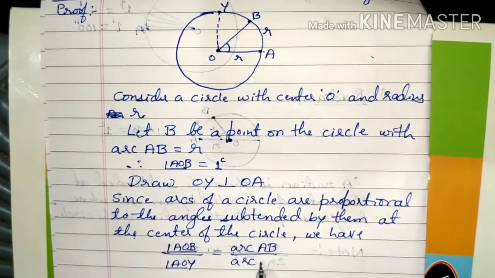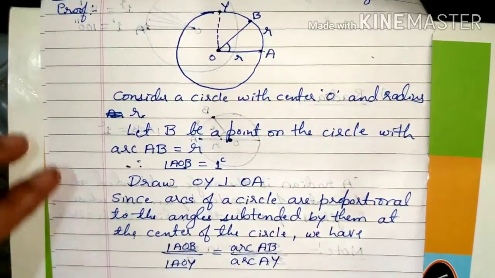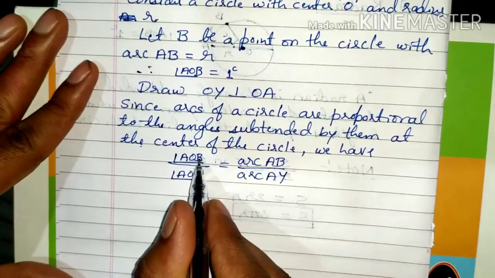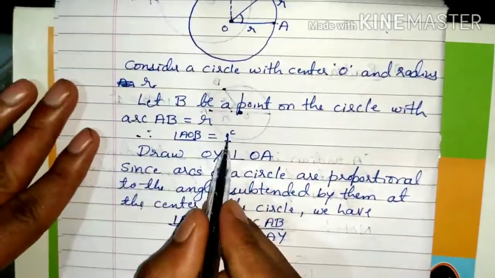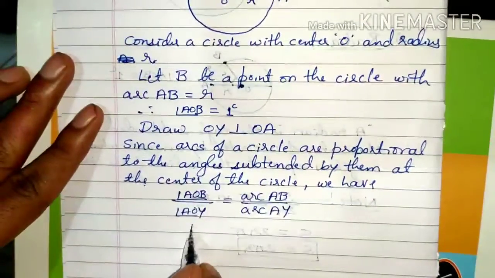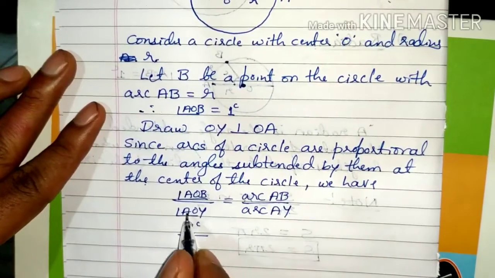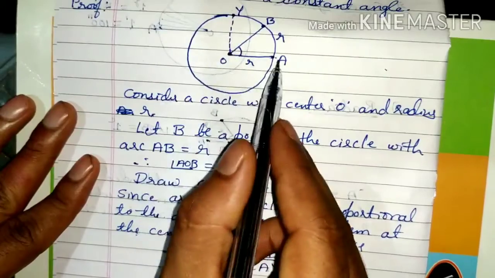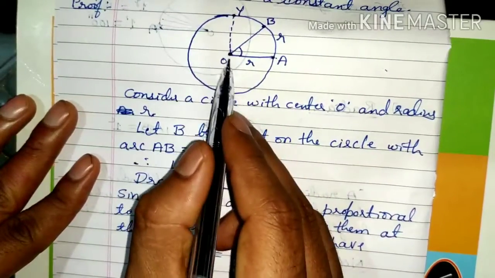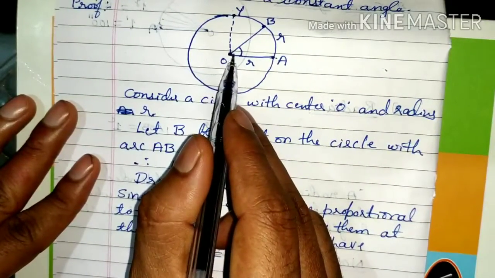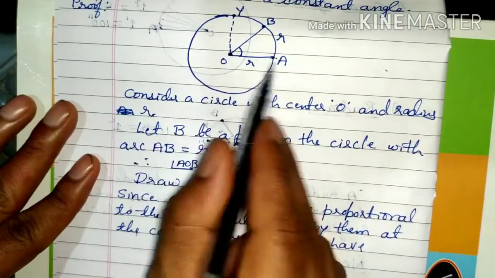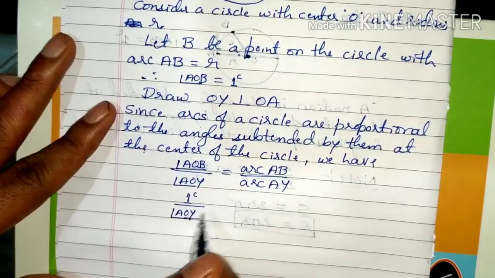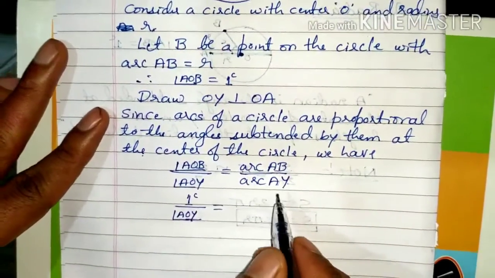Now angle AOB is nothing but 1 radian, so 1 radian divided by angle AOY. Angle AOY is a right angle, correct? That is 90 degrees. Perpendicular means 90 degrees and it is called a right angle. So we will keep AOY as it is, and at the end we will write it as a right angle.